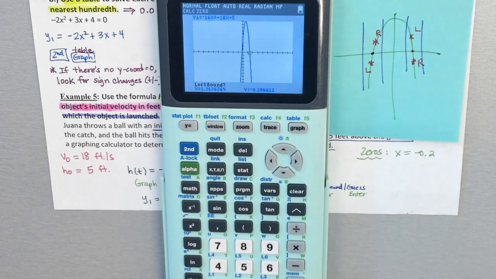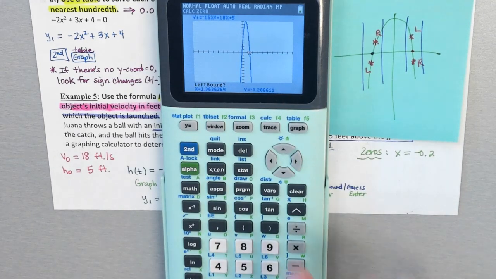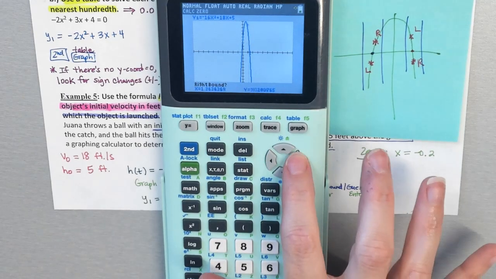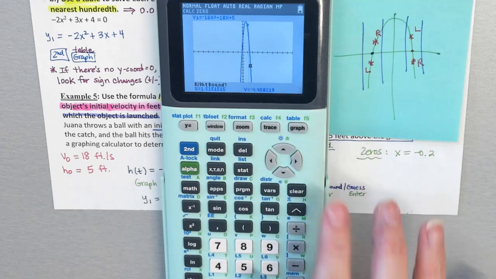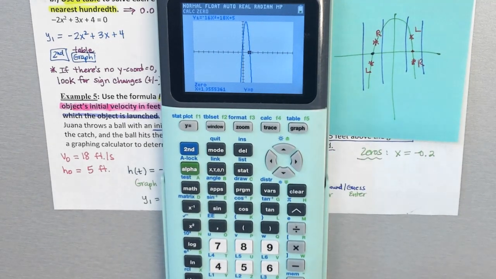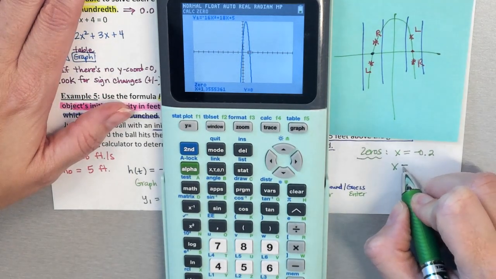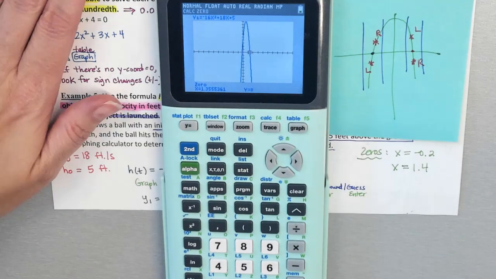So again, I just get it as close to the 0 as I can. And for left bound, just do an arrow to the left, press enter. And then to the right, go back to the center, click to the right, go back to the center, and then it's going to give you the second 0. So if I round, it's going to be 1.4.